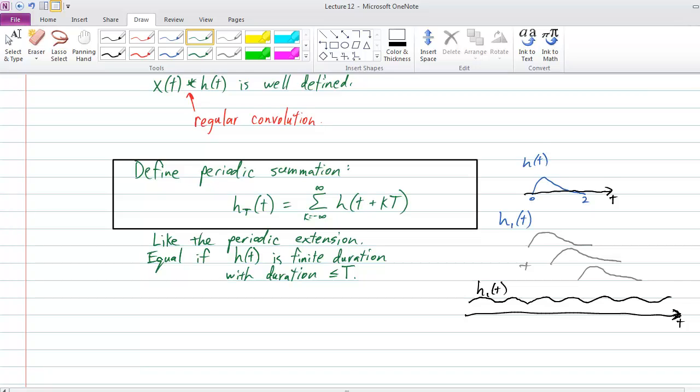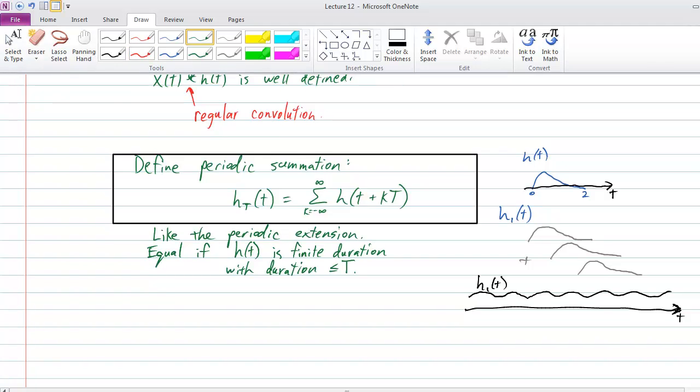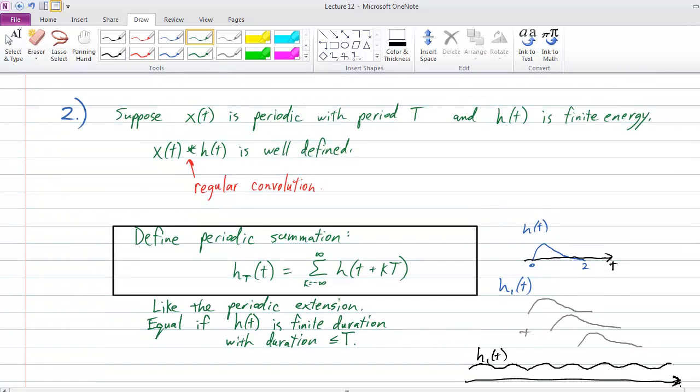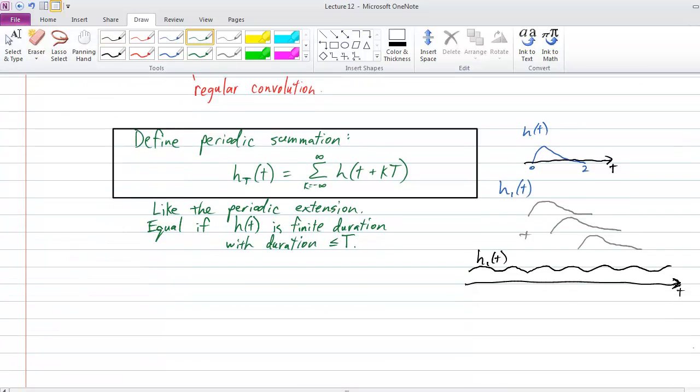Okay, so why did we define this thing? Can anyone guess where I'm going with this? Here's where I'm going with it. x of t convolved with h of t equals x of t circularly convolved with h_T of t.